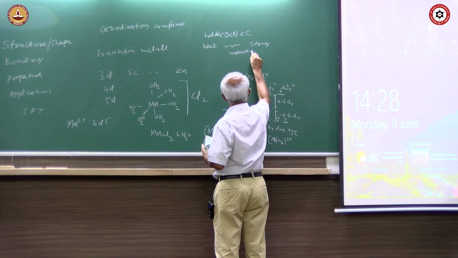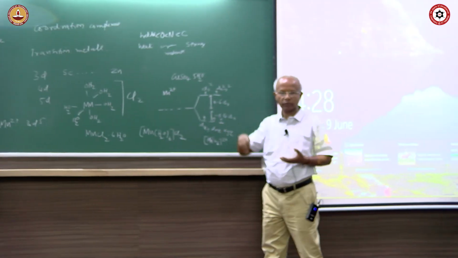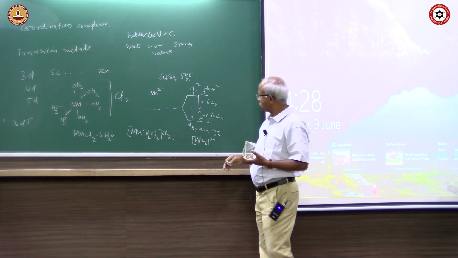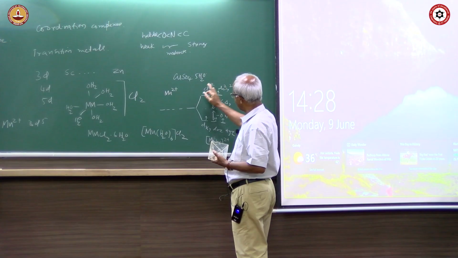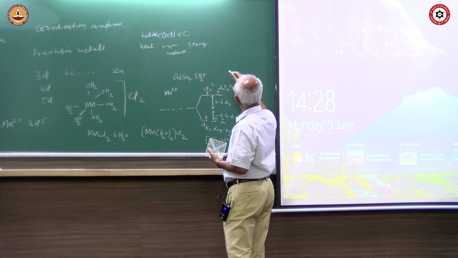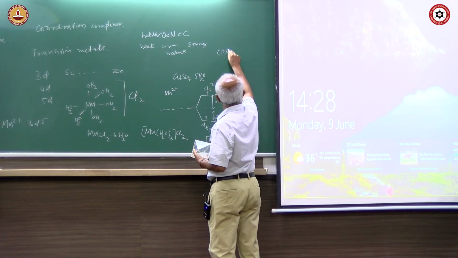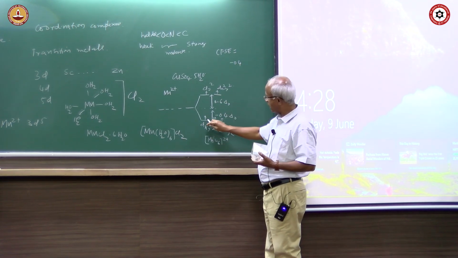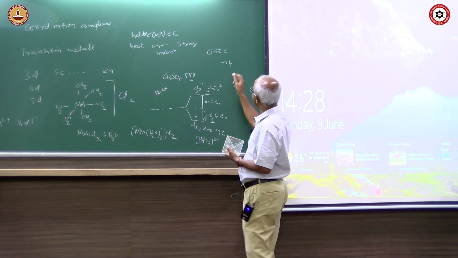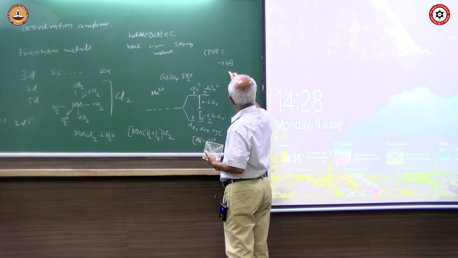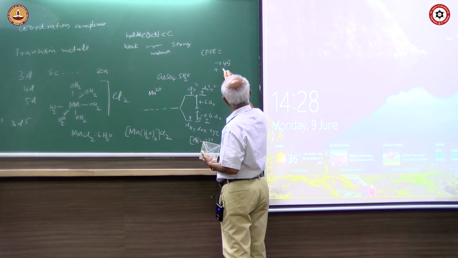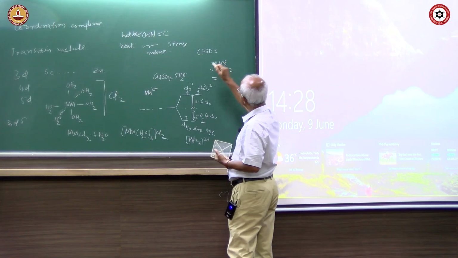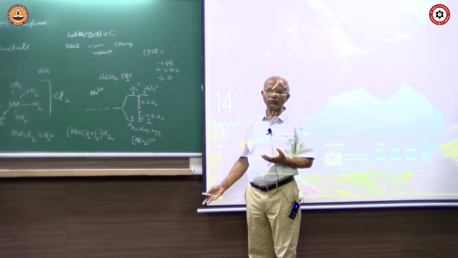So in the sense of field that we are talking about, the field here is stabilization energy. So because water is a weak field ligand, the electrons get equally occupied, and if you calculate the crystal field stabilization energy, CFSE, I told you, you calculate negative 0.4 into the number of electrons that are occupied, 3, plus 0.6 into 2, which will be 0, because negative 1.2 and positive 1.2 get cancelled.